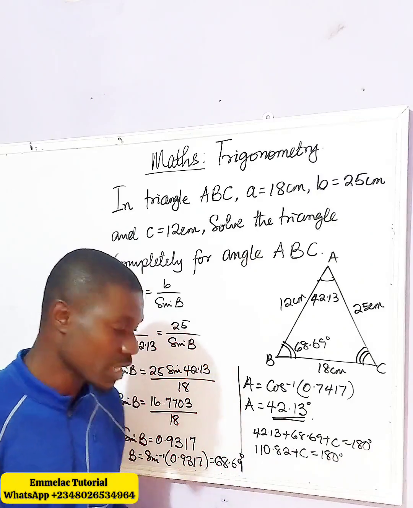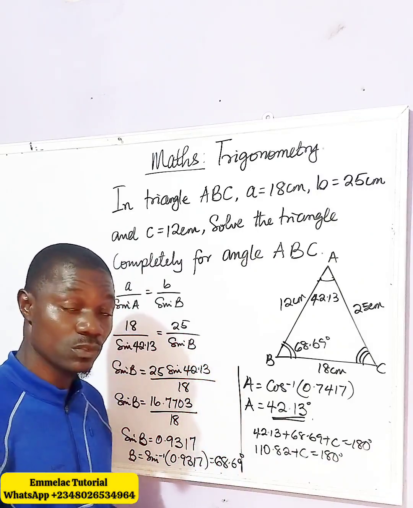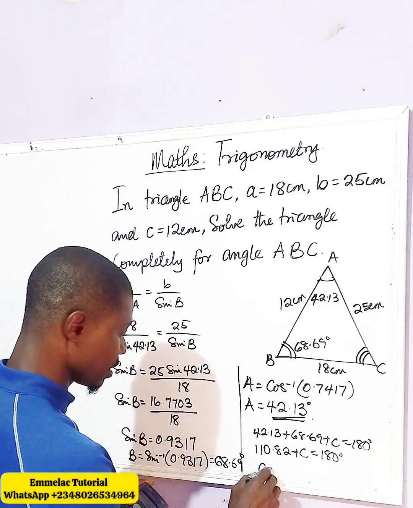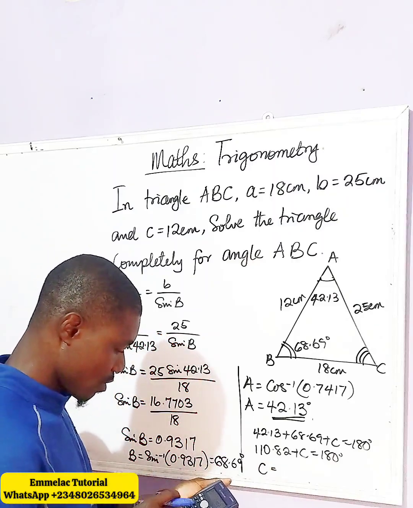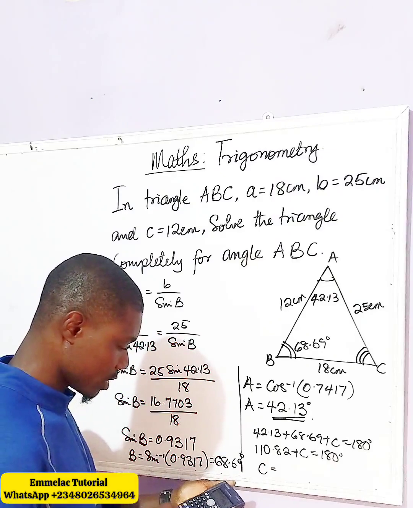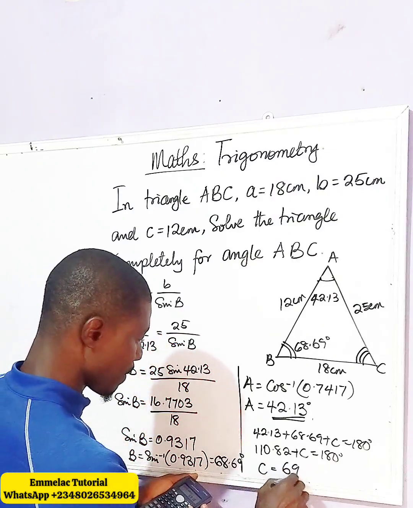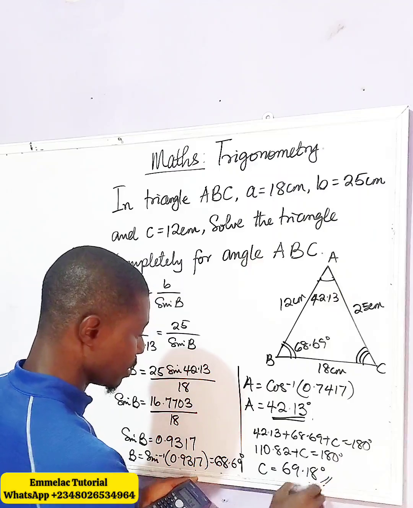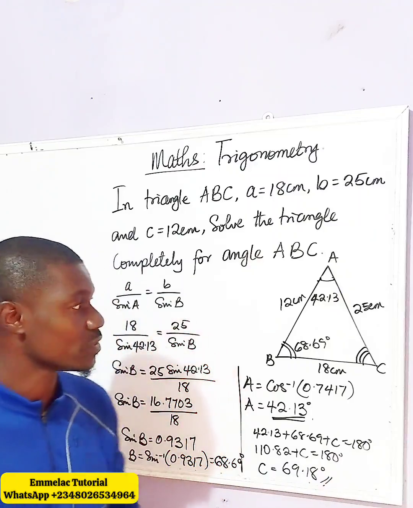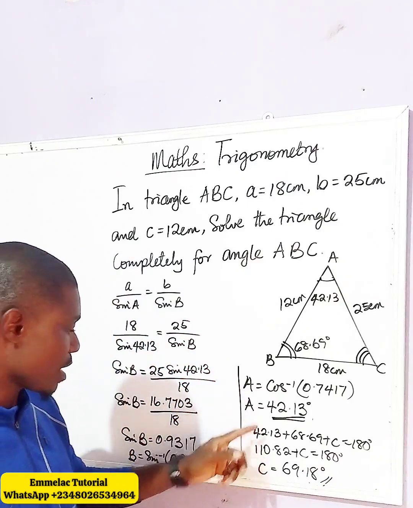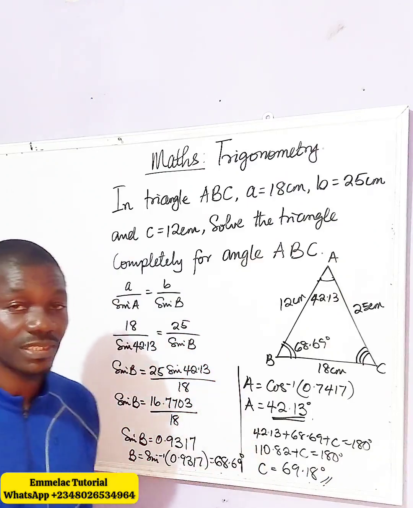When we subtract 110.82 from both sides, our C is 180 minus 110.82, which gives 69.18 degrees. So these are the angles for A, B, and C respectively.